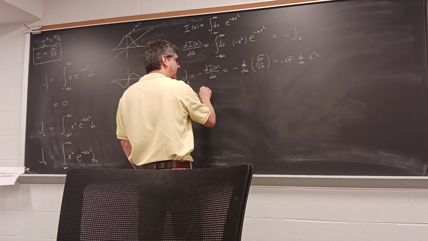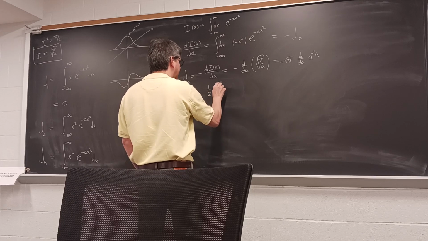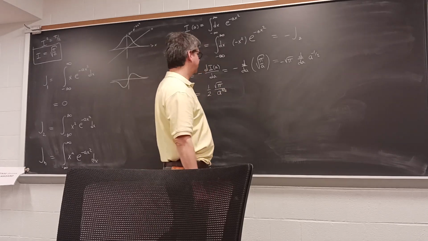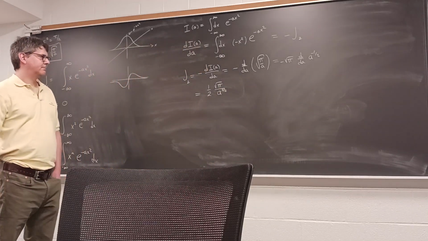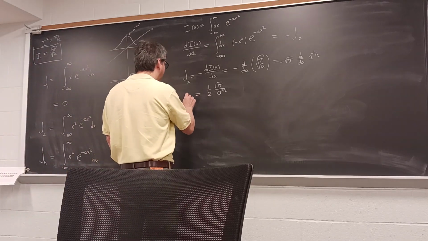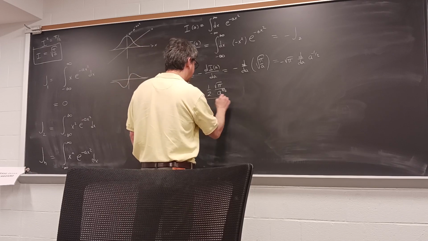So this is 1/2 square root of pi over a to the 3/2. Okay, so you can compute all of them just by doing that.